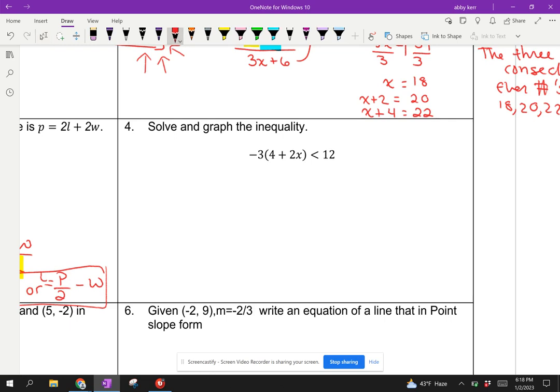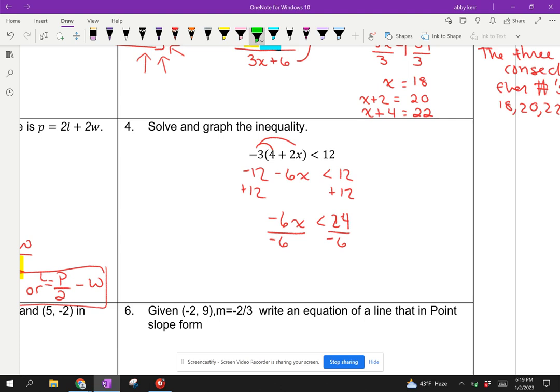For number 4, just like number 1, we have to distribute. And now we're going to add 12 to both sides because we have to undo adding or subtracting first. Now, when we are dealing with inequalities, we need to be mindful of this next step.